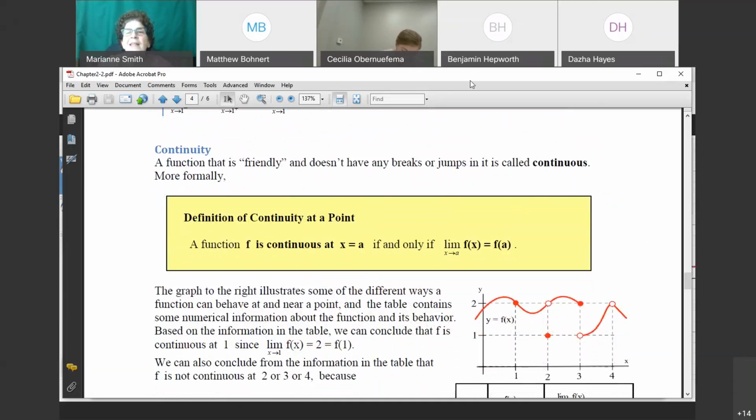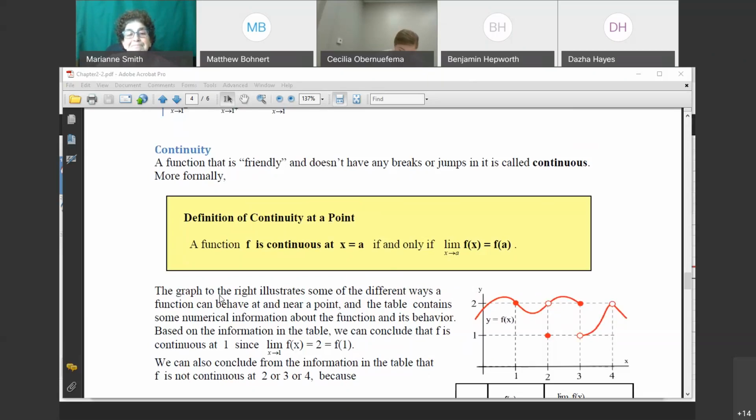The informal definition I like to tell students is, you can draw the graph without lifting your pencil, and that means it's continuous.